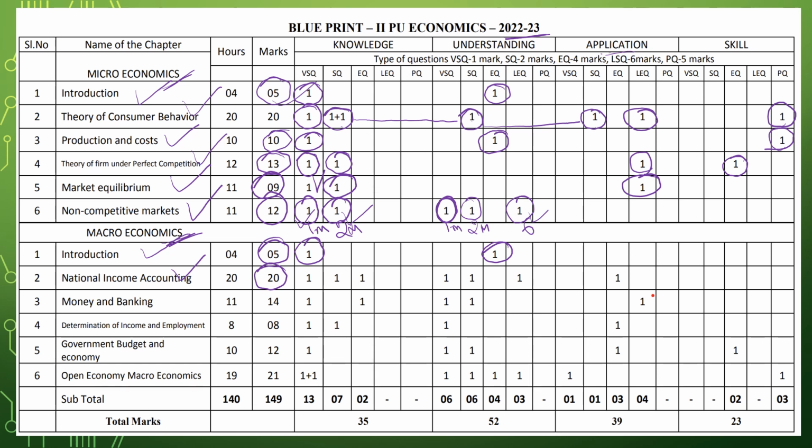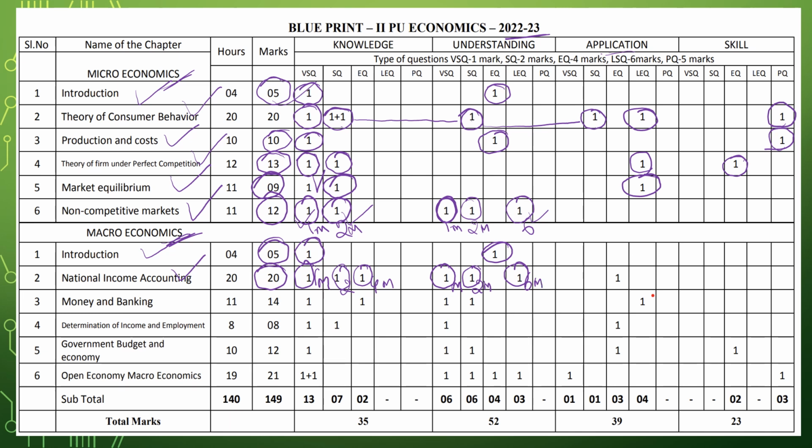See dear students, here one 1-mark question will be asked and one 2-mark question and one 4-mark question under knowledge. And come to understanding, again one 1-mark question and one 2-mark question and one 6-mark question will be asked.